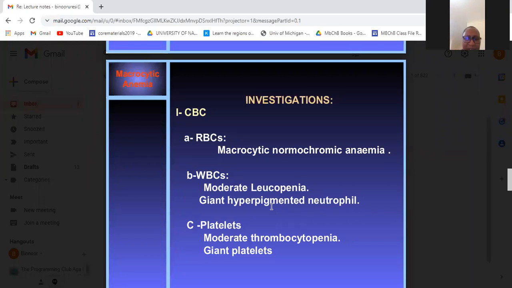That's what we'll find in the total blood count, and then the peripheral blood film. The CBC was showing the macrocytes, and the other factors, leukopenia and thrombocytopenia. The next slide.